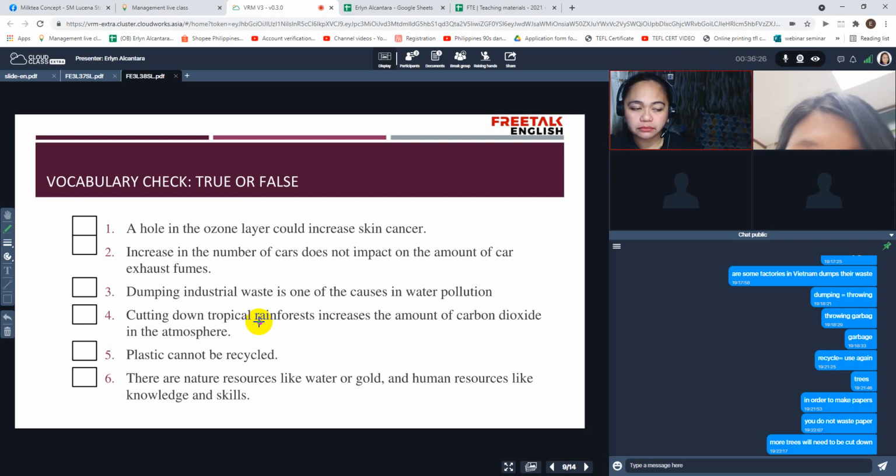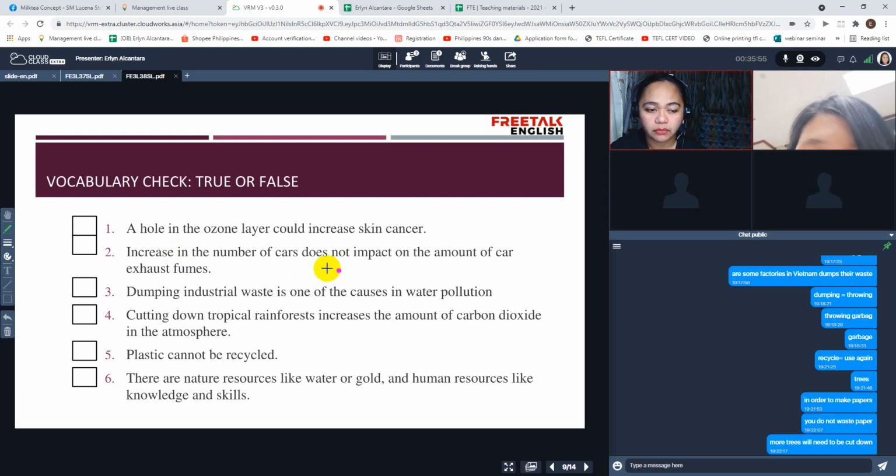I think this one is false, because many types of cars are good for my environment, for example electric cars.